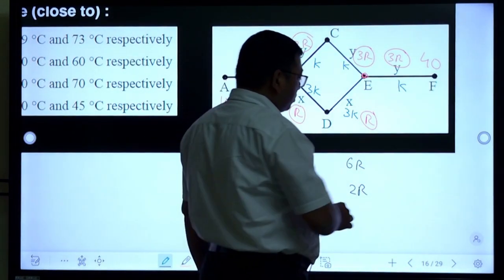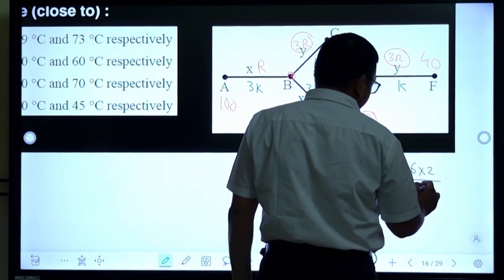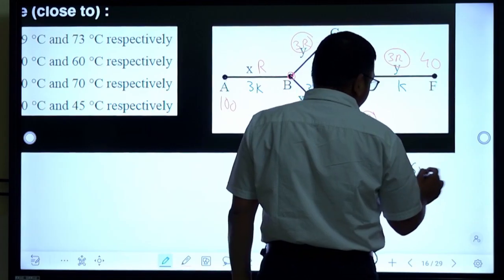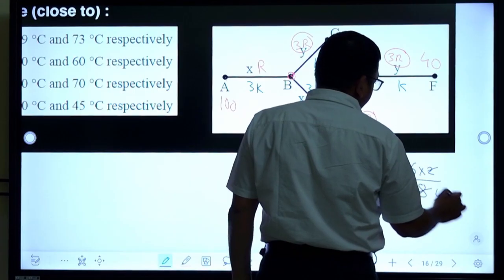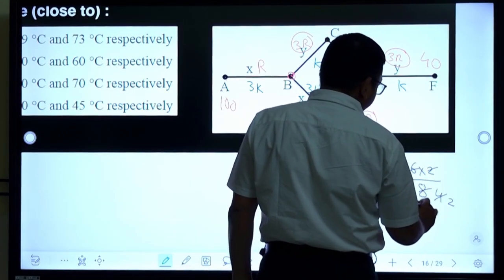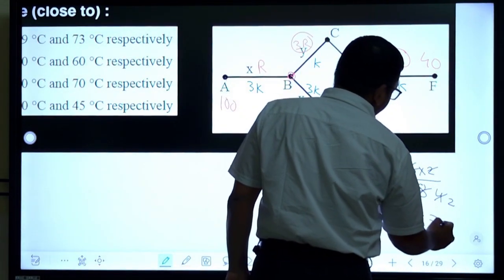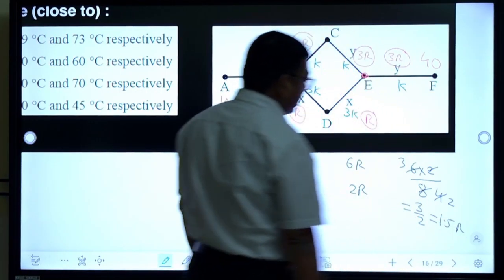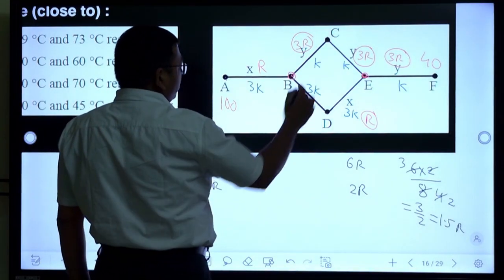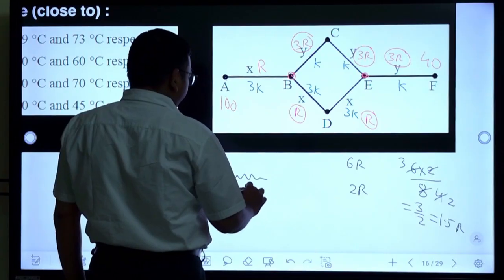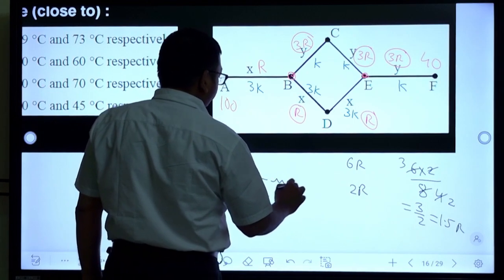What will be their equivalent? 6 into 2 by 6 plus 2, that is 12 by 8, which is 3 by 2. That means 1.5R, correct? So this combination is giving a resistance of 1.5R, and that side is 3R, correct?